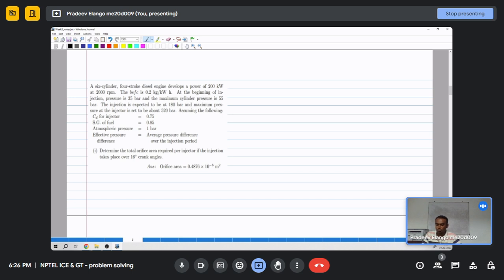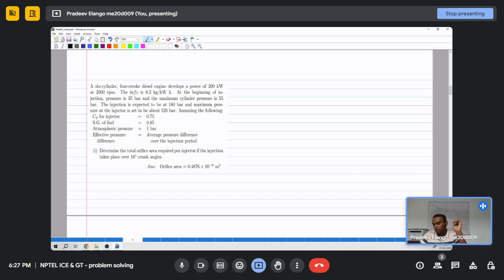Assuming the CD of injector, specific gravity of fuel, atmospheric pressure, and assuming the effective pressure difference is the average pressure difference over the injection period, we have to determine the total orifice area required per injector if the injection takes place over 16-degree crank angles.